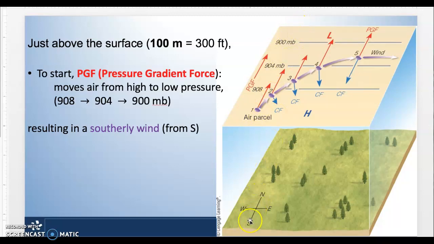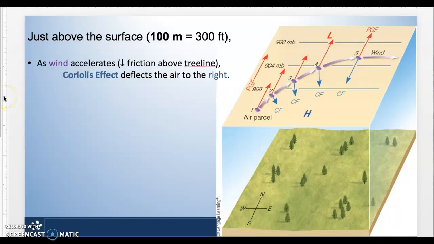Here's our compass rose down here. Just above the surface, as the wind accelerates, it starts here and accelerates, the Coriolis effect does tend to deflect the air to the right.